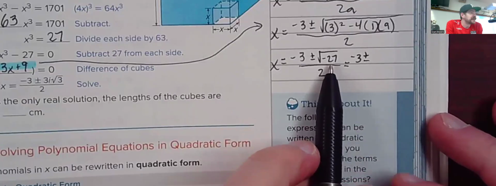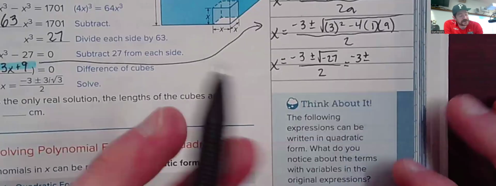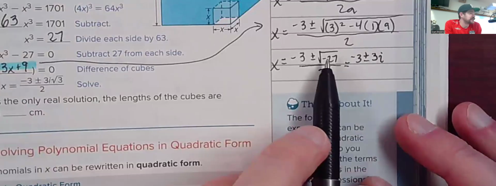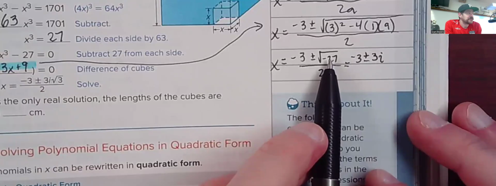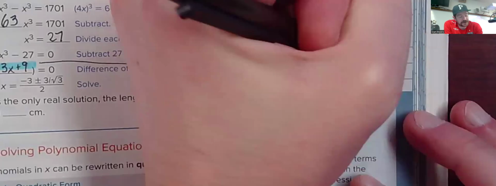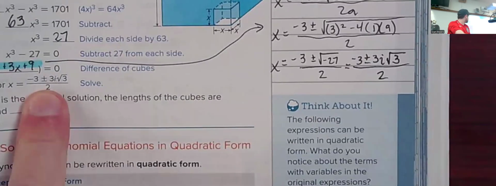What's the square root of 9? 3. So this is going to be plus or minus 3i. And if you divide out a 9 from 27, what's left? 3. So that'd be plus or minus 3i root 3 over 2. Which is why this answer ends up being what it is over here. Same thing.